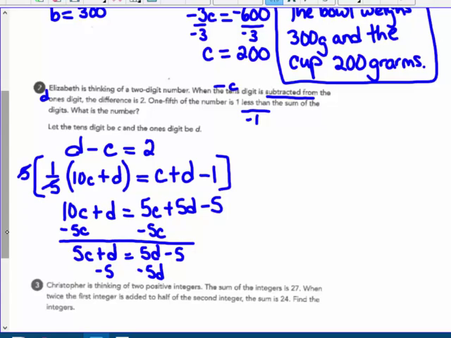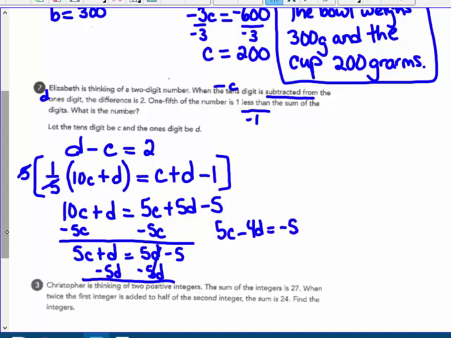So I'm going to put c and d on the same side. Because d minus c equals 2, I want to have a constant by itself. So I want this negative 5 to be by itself. So I get 5c minus 4d, because d minus 5d is minus 4d, equals negative 5.